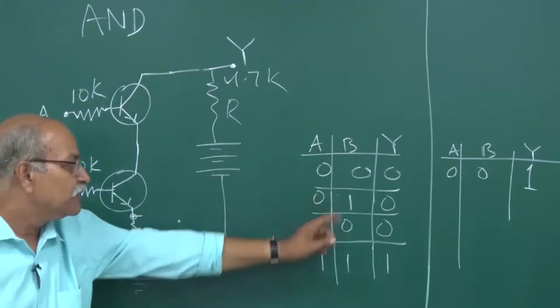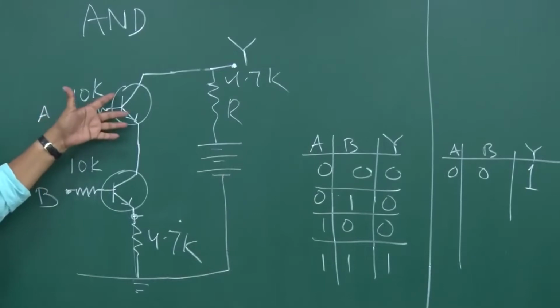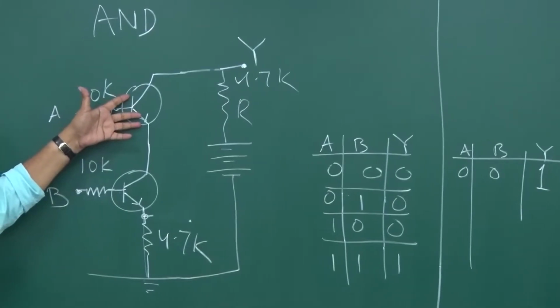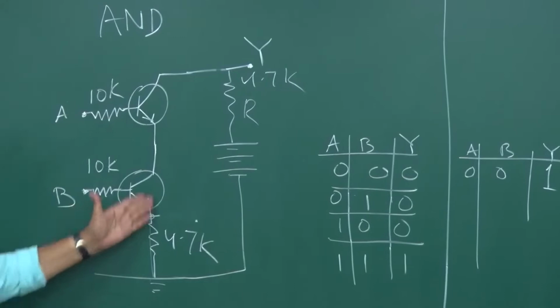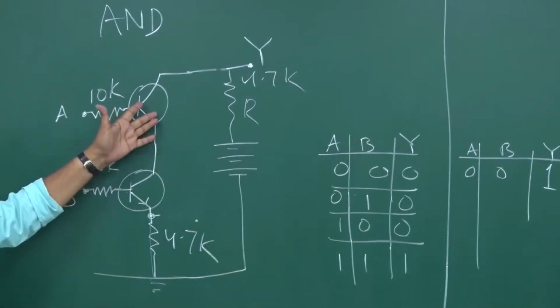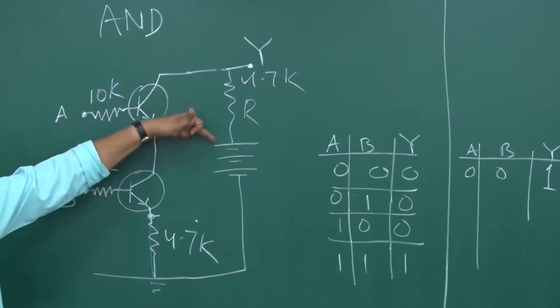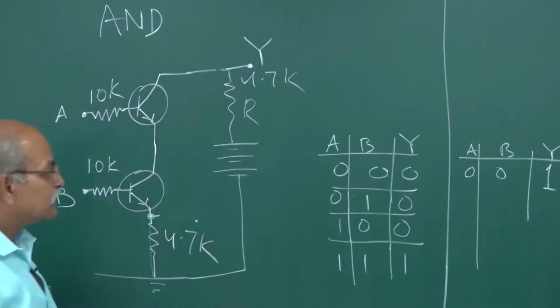What if A is 0 and B is 1? Once again, if this is 0, this is in cutoff region, it does not conduct, although this can conduct, but after all the current needs the full path. So no current here. If no current here, then again this potential appears here, and therefore this is 1.